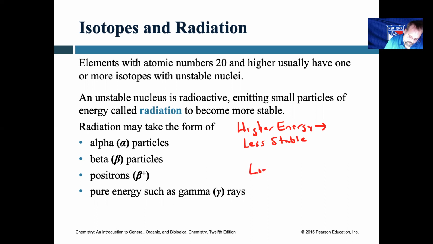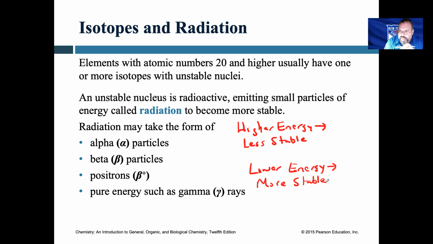And then usually, the lower in energy you are, the more stable you are. Just think about yourself a little bit. If you have a nice, calm energy environment, you're probably pretty relaxed. However, if you're in a very chaotic, very high energy environment, you're probably feeling very on edge. Less stable, higher energy environment; more stable, lower energy environment.